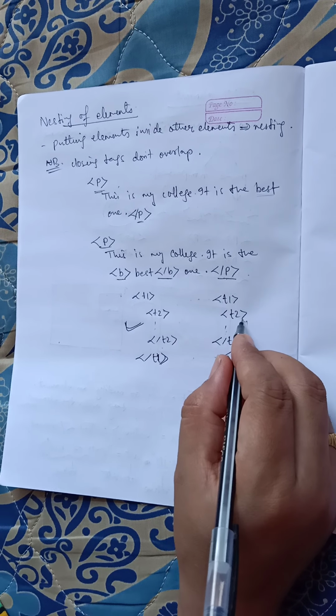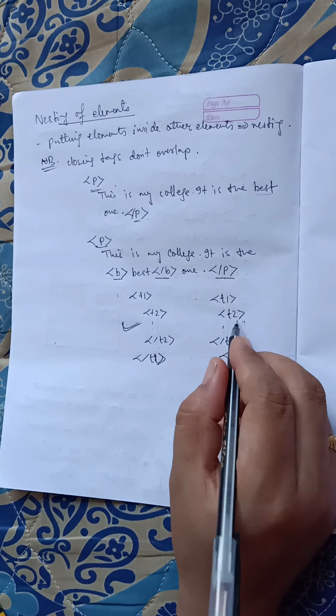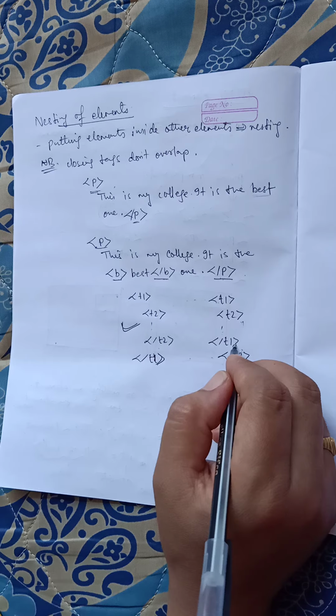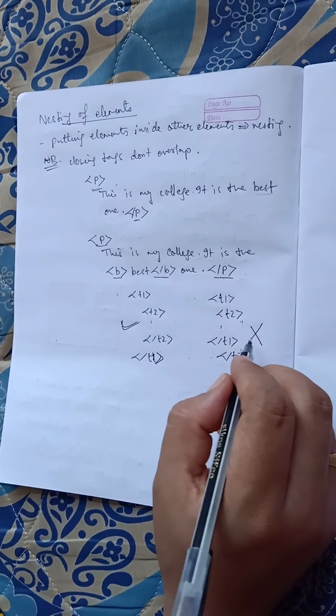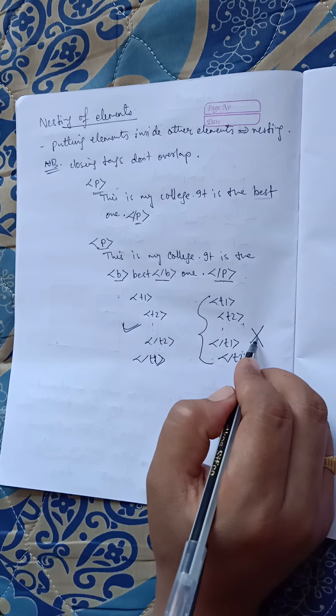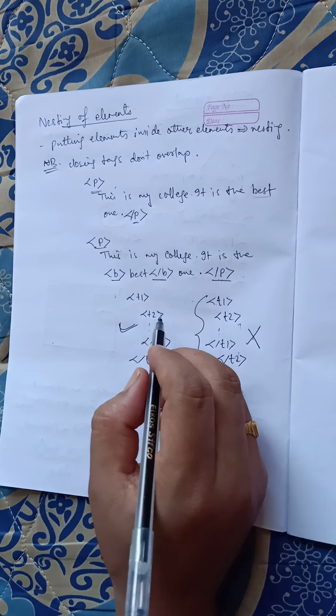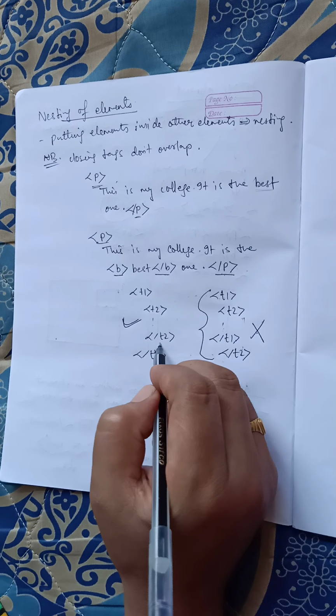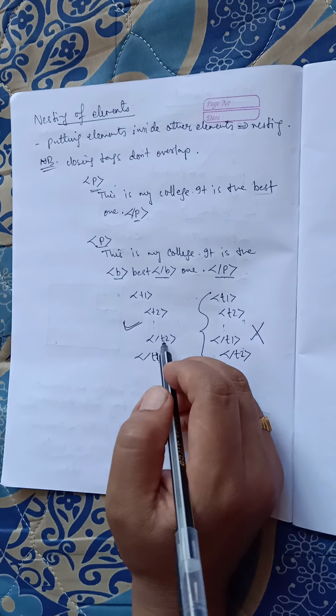Tag 2 has started and tag 2 has ended here, but in between that, another tag we are closing, which is not allowed. So this type is wrong. Keep in mind these should not overlap.